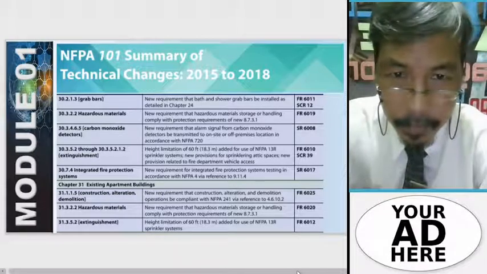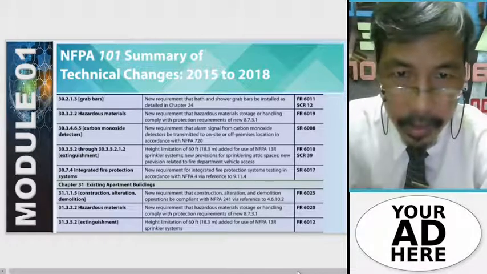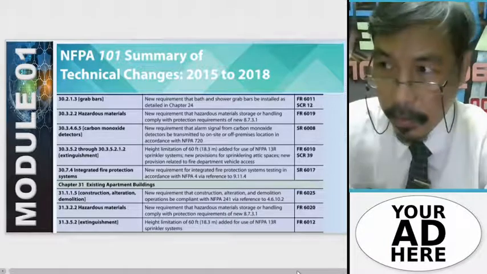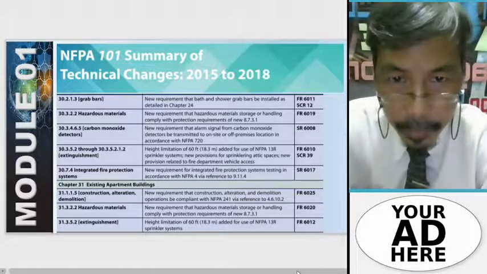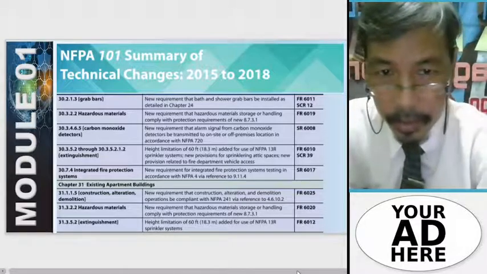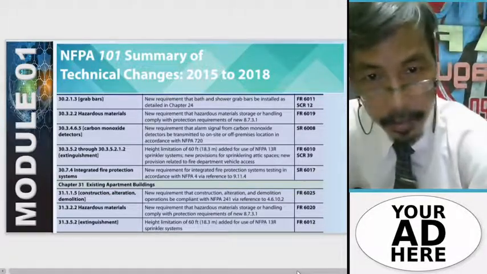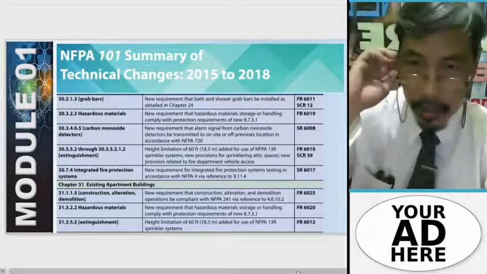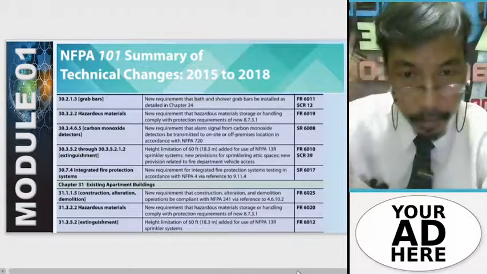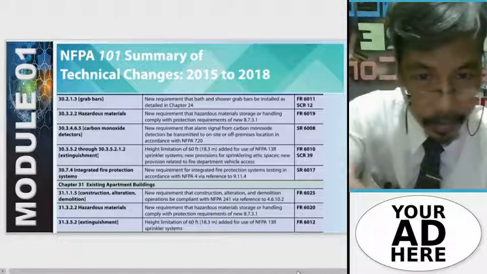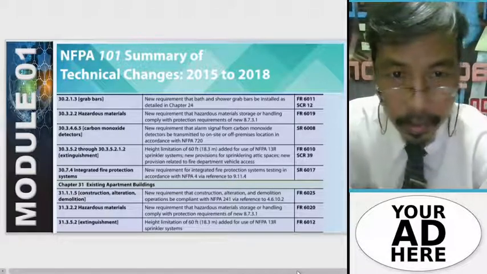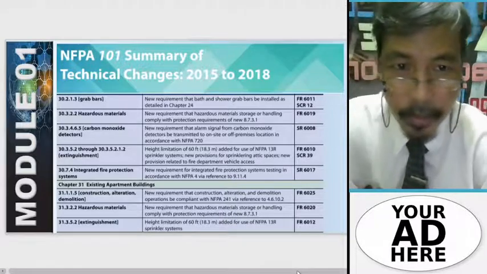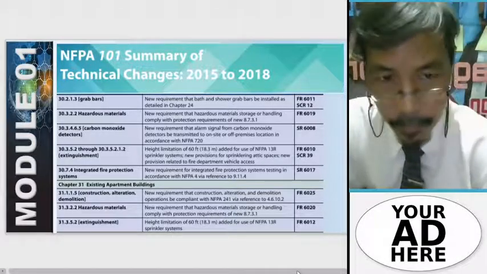What about chapter 31 on existing apartment buildings? We have the topic on construction, alteration, and demolition again, which was already discussed under new apartments, but now for existing ones there is no requirement that construction, alteration, and demolition operations be compliant with NFPA 241.